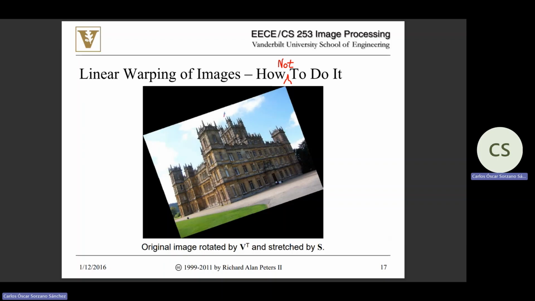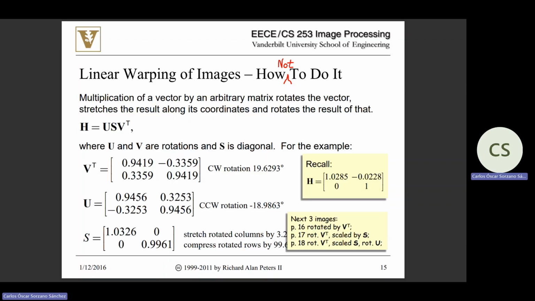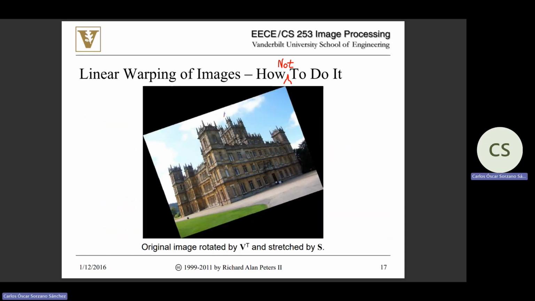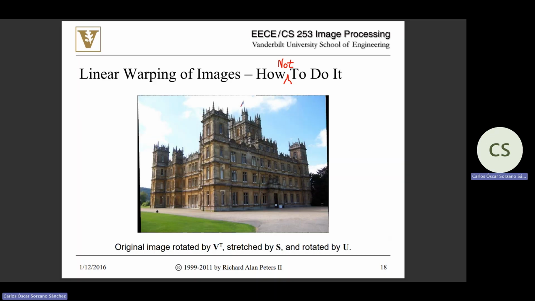Then you are doing this scaling, which is enlarging the x-axis and shortening the y-axis. So first you rotate, then you scale, and then you rotate back. Any transformation can be understood in that way: always first a rotation, then scaling, then another rotation.